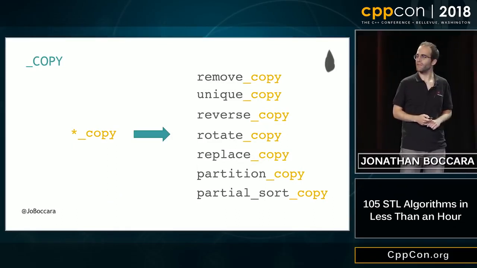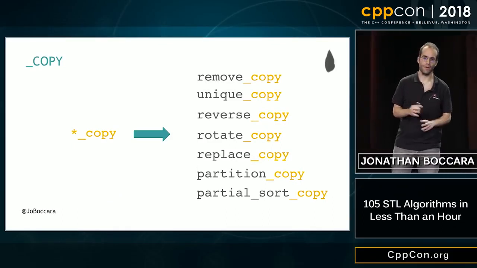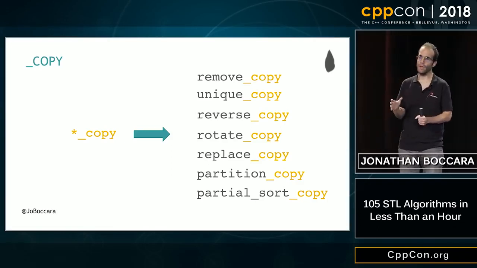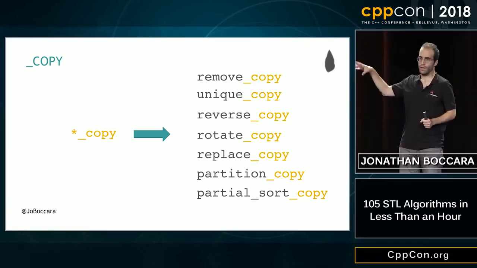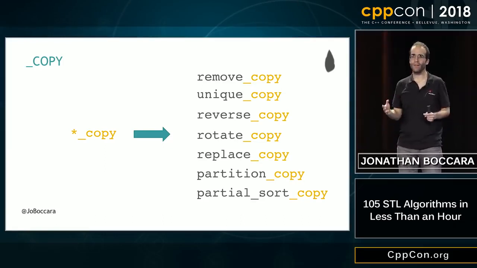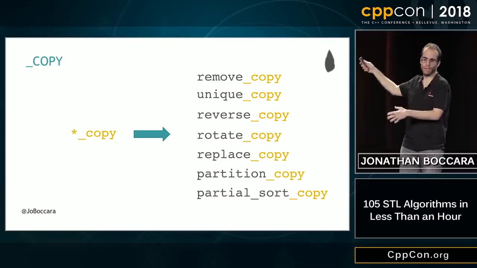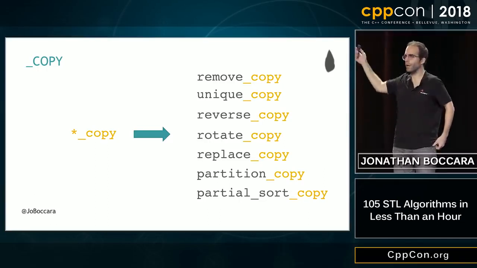We've unlocked a new rune, copy. We've seen all the algorithms that are combined with copy in the STL algorithms library. So copy, you can tack it on an algorithm like those algorithms, and it creates new algorithms that do the same thing, but in a new collection. So like remove or unique or replace or whatever, they operate in place.